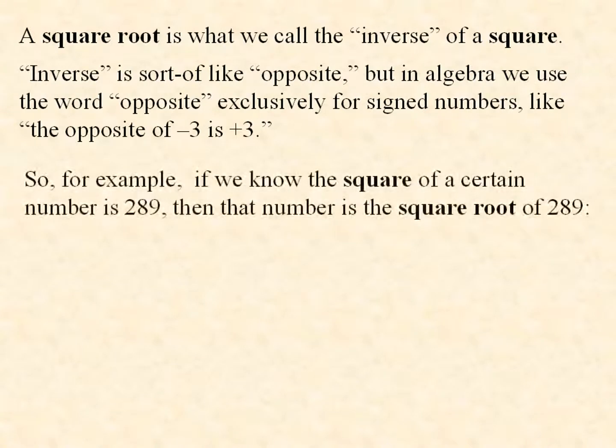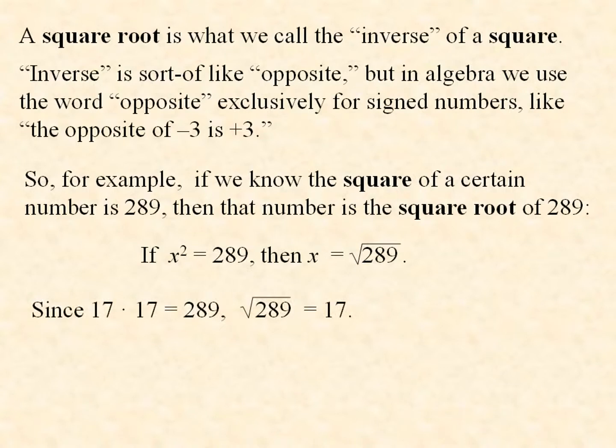So, for example, if we know the square of a certain number is 289, then that number is the square root of 289. In other words, if x squared equals 289, then x is the square root of 289. Since 17 times 17 is 289, the square root of 289 is 17.